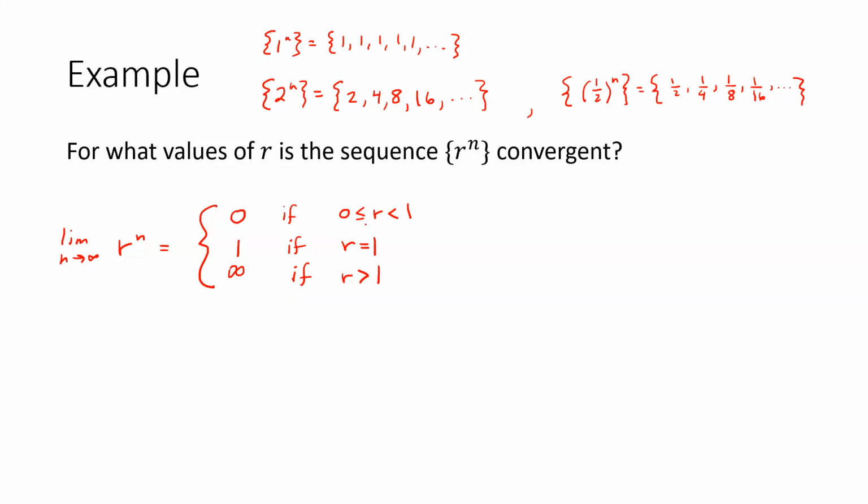Well, one thing we didn't consider is the case when r is negative. So, in fact, we can adjust these a little bit here to account for the case when r is negative. So, for instance, what would happen if I took the negative 1/2 to the n? Well, this would be the same sequence here. It would just be alternating.